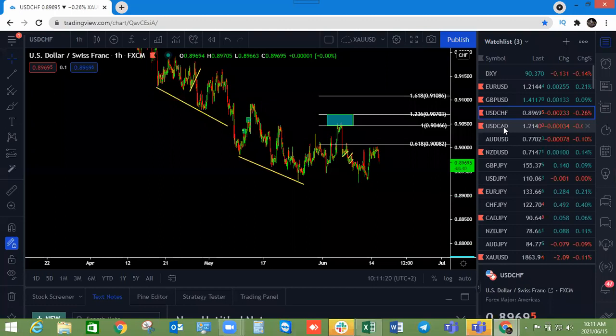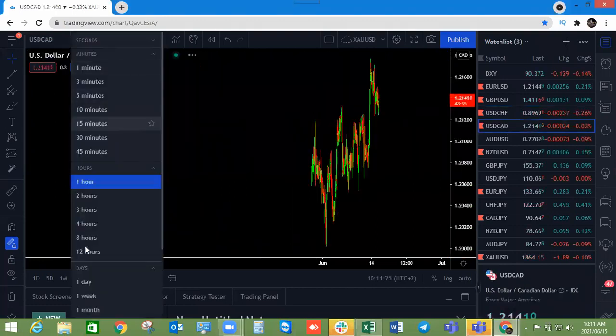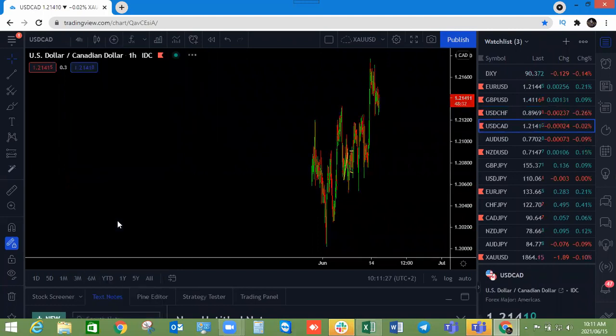Right, US dollar CAD. We've had a bit of a bounce on US dollar CAD. Let's have a look here on the 4-hour.